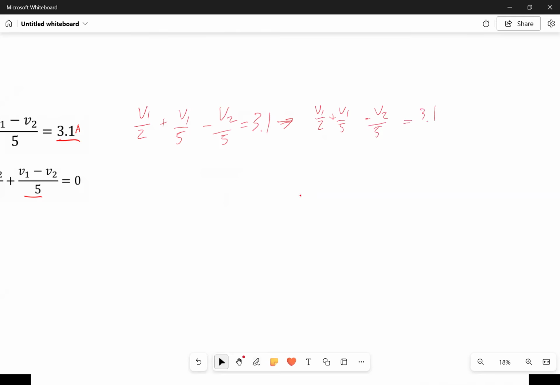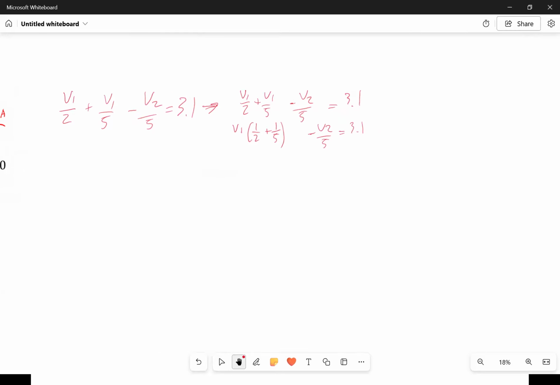At this point, I'm going to factor out my V1, and I'm left with 1/2 plus 1/5. And over here, it's pretty easy, right? I don't have to really factor anything out because there's only one V2 term. And that's going to equal 3.1. Now, the last thing that I'm going to do is put the 1/2 and the 1/5 onto a common fraction just because it makes it a little easier to enter into the matrix.